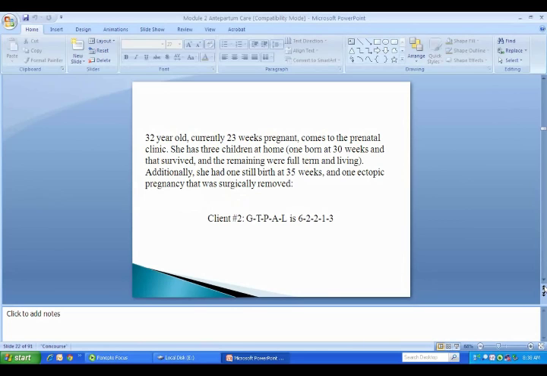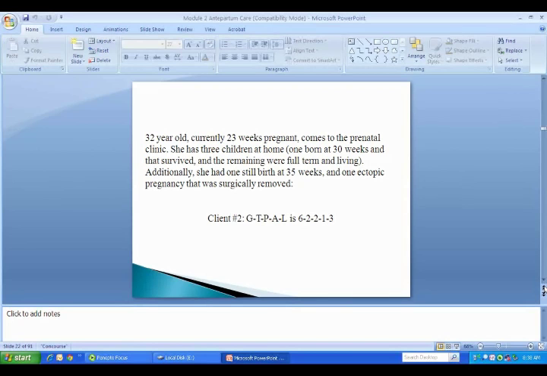A 32-year-old, currently 23 weeks pregnant, comes to the prenatal clinic. She has 3 children. One was born at 30 weeks and survived, so that's a preterm. And we have 2 full term. She had 1 stillbirth at 35, that's preterm, and 1 ectopic pregnancy that was surgically removed. So she's presently pregnant, counts as 1. She has the 3 children, so that brings us up to 4.